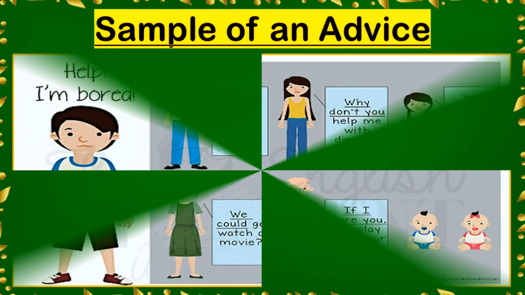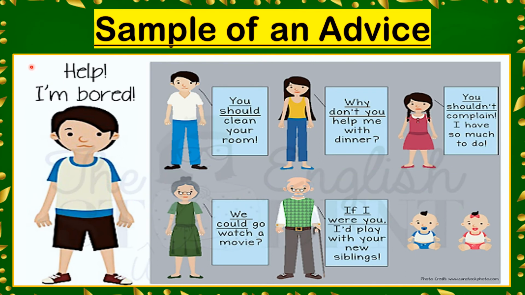Class, let me read to you an example of advice. This is a family. Their son has a problem. He said, "Help! I'm bored." And he got 5 pieces of advice from the family members. First, his father said, "You should clean your room." Second, his mother said, "Why don't you help me with dinner?"